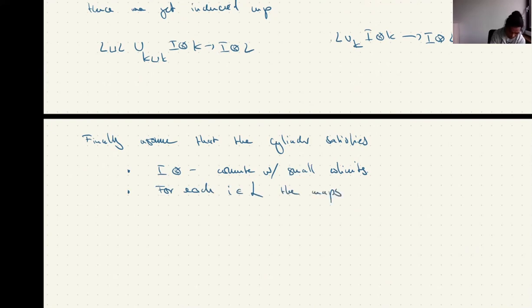And I should have given them names. So I'm going to call this map boundary of the cylinder times I. And this is one inclusion times I. And we want those maps to be in the left class again.